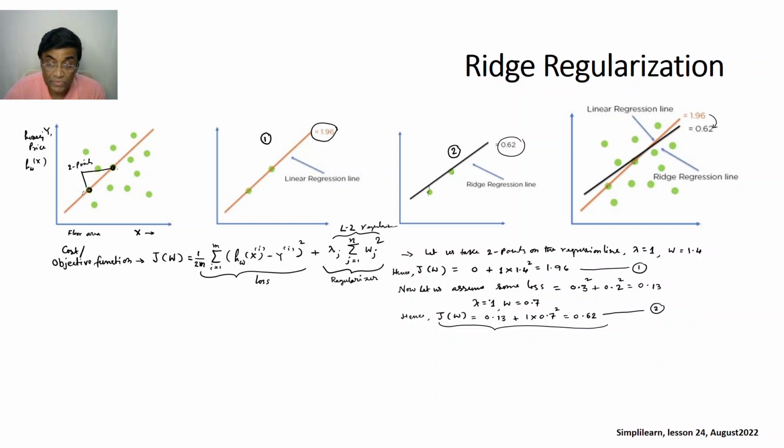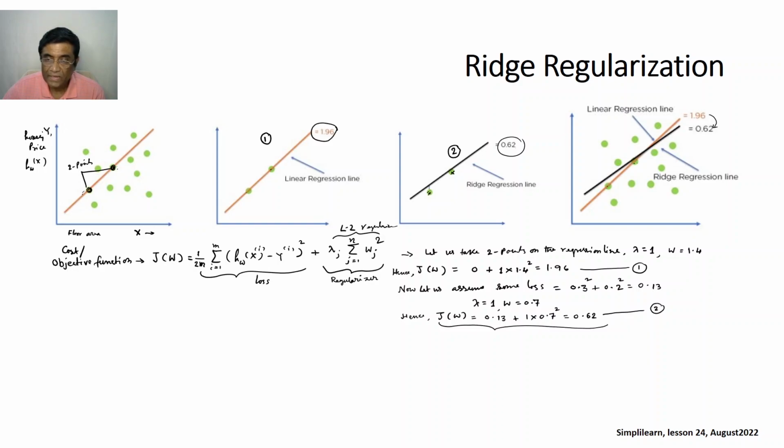Now let us assume that some loss is there for these two points. If the points are now a little bit offset from the line, there will be error. And these are fictitious values. We have 2 points only. For 1 point, let us assume that the error is 0.3. For another point, let us assume the error is 0.2.